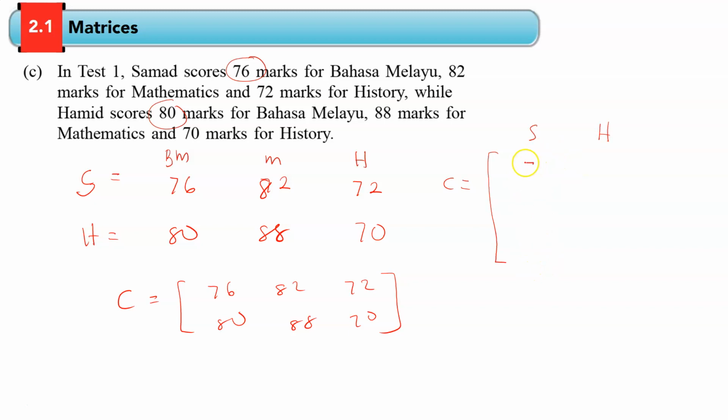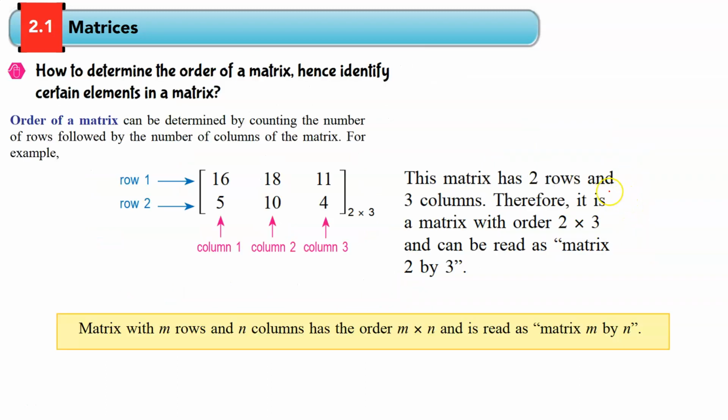Guna columns, awak akan buat 76, 82, 72 and Hamid 80, 88, 70. Macam tu boleh. So, ini tak payah tulis sebenarnya. Cuma saya nak tunjukkan awak bezanya kalau yang ni awak susun Samad dengan Hamid horizontally. Tapi dalam kes ni awak susun vertically.